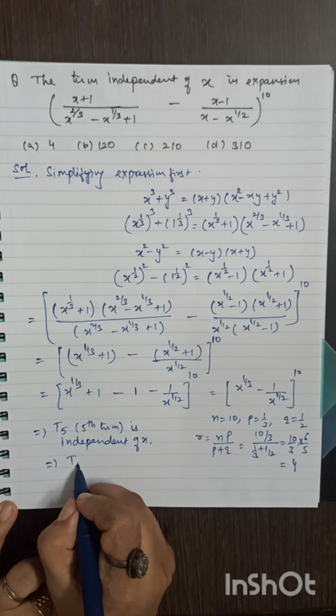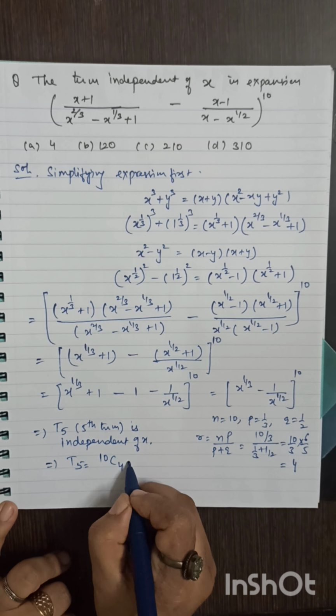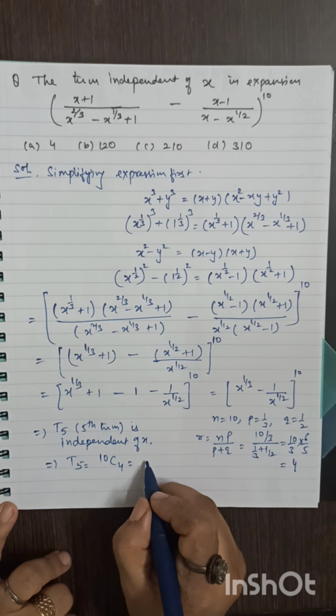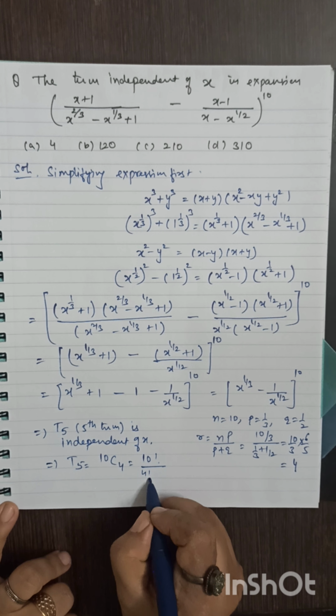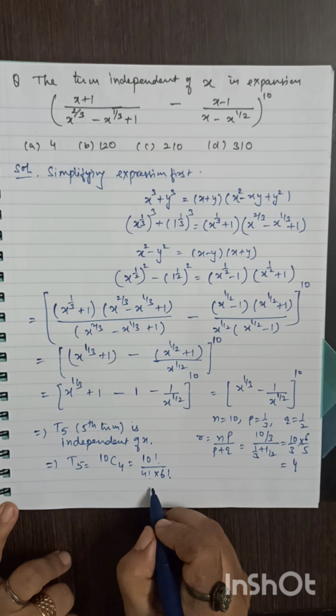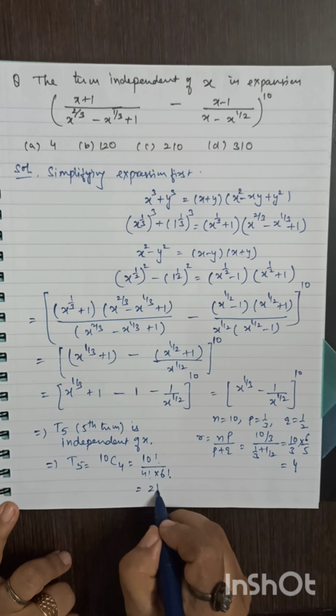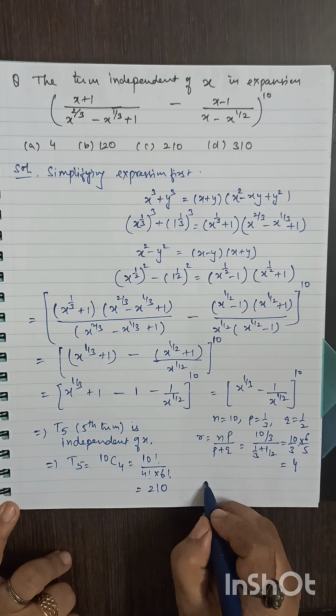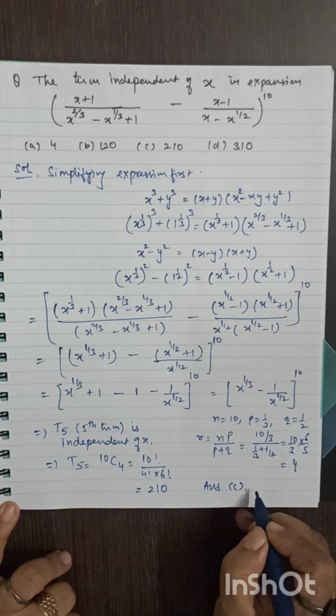And the fifth term is given by 10C4, and this is 10 factorial over 4 factorial 6 factorial, which after simplifying you'll find is 210. So the answer is C, 210.